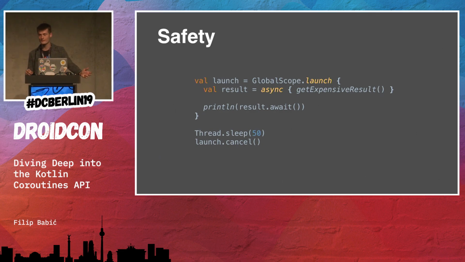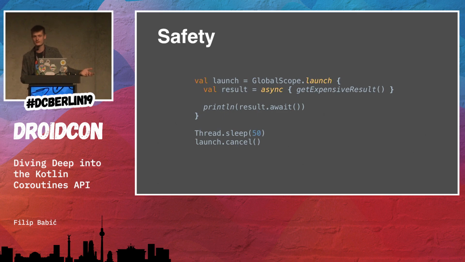As I mentioned, since coroutines are suspendable by default, at any point in time of the execution of the getExpensiveResult function, you can cancel, and the function will say, okay, so I may have done 30% of the network request or file reading, file writing, but you said I should cancel, and I'll just roll back that work and cancel it completely.